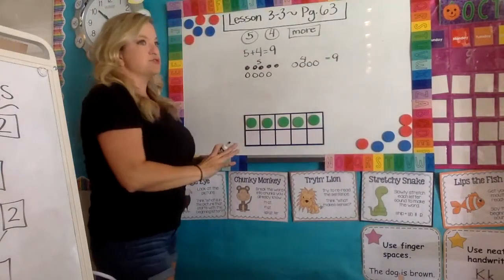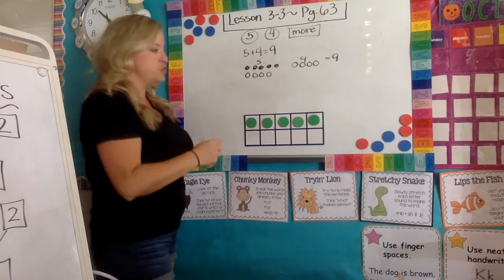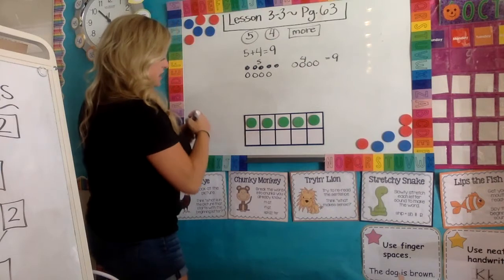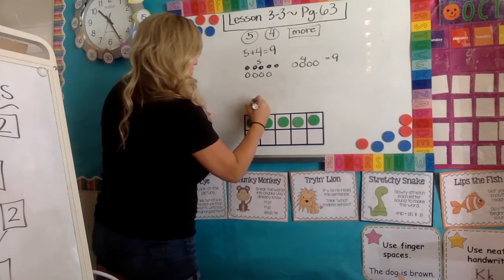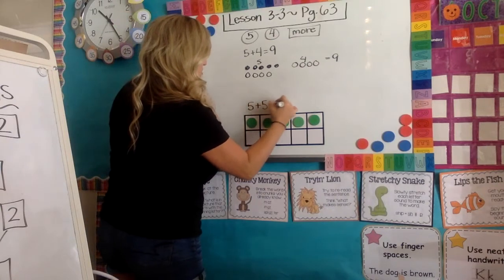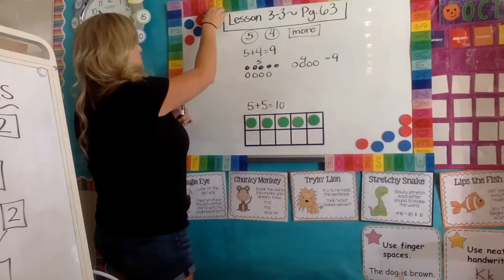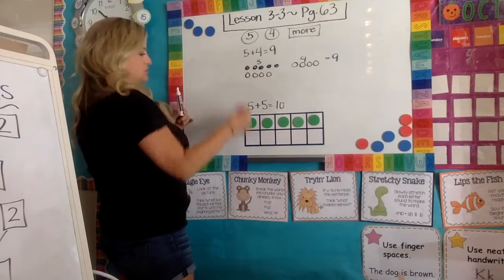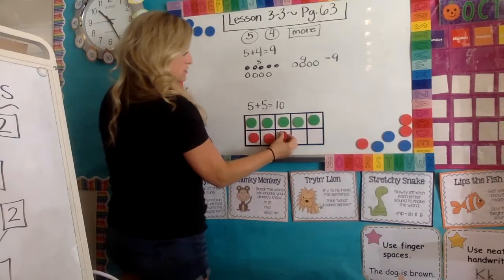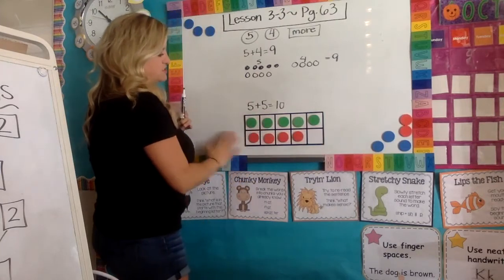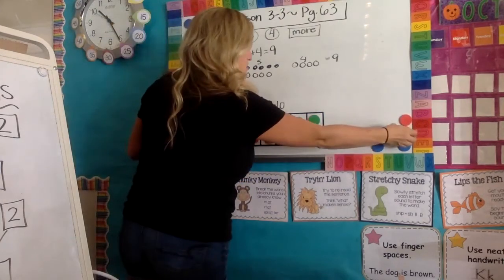I brought out my tens frame because I wanted to show you that if you know that 5 plus 5 is 10, so here I have 5 plus 5 equals 10. That's a tens frame. But I'm not doing 5 plus 5, I'm doing 5 plus 4. So I'm going to snag these. Put them down here. I know that 5 plus 5 is 10. So here's my 5 plus 5.